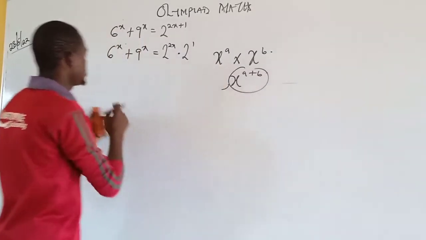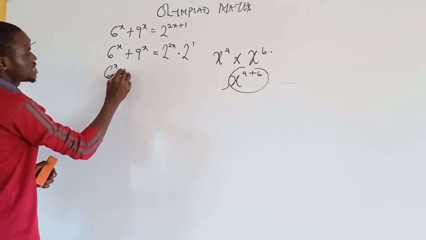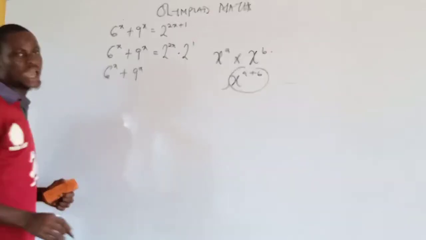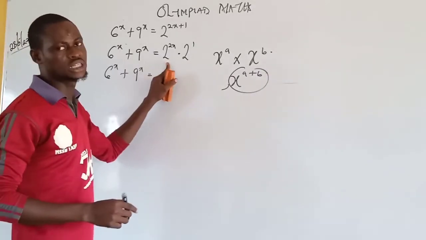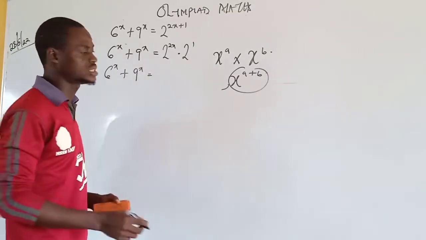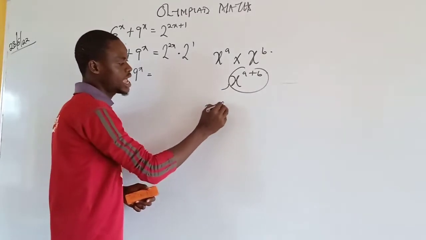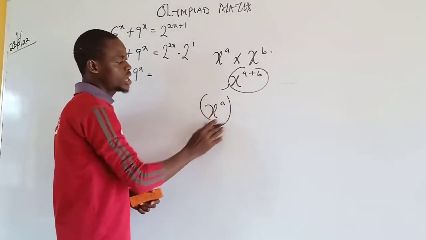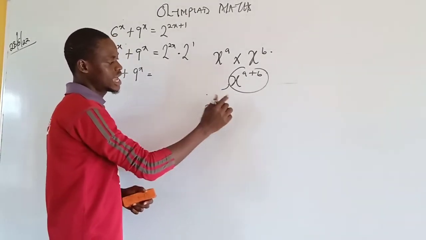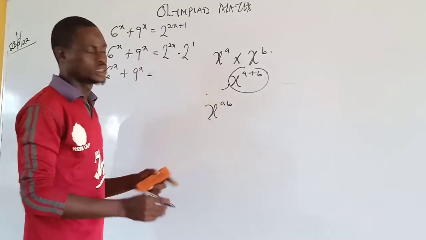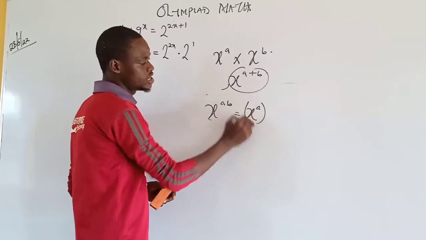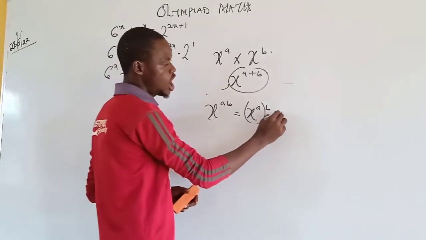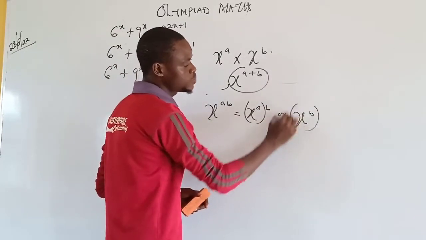Now, again, coming back to these points, I have 6 raised to the power x plus 9 raised to the power x equals this. I can also apply the law of indices. According to the law of indices, if I have x raised to the power a, everything raised to the power b, this thing can easily be written like this: x raised to the power a times b, or x raised to the power b times a.